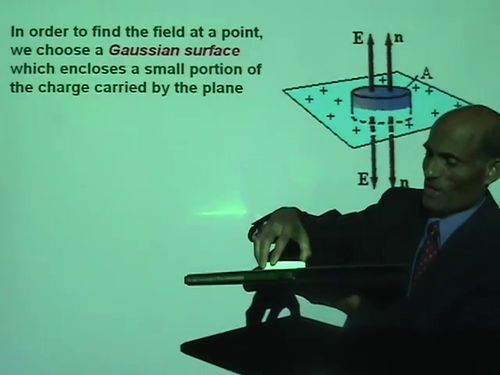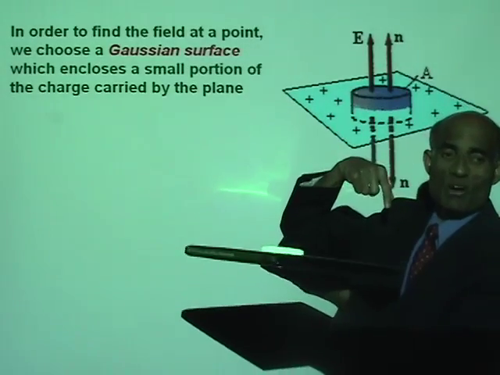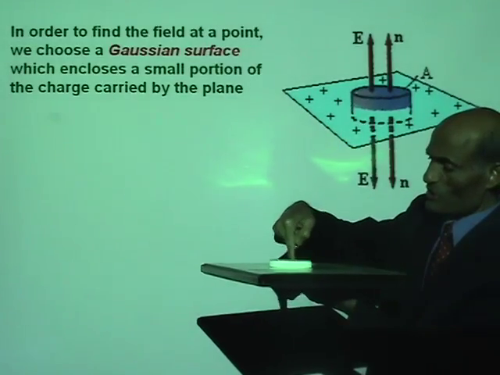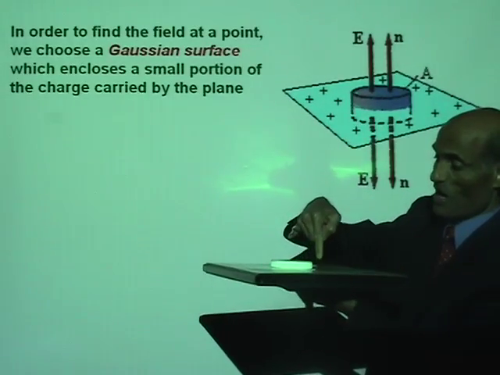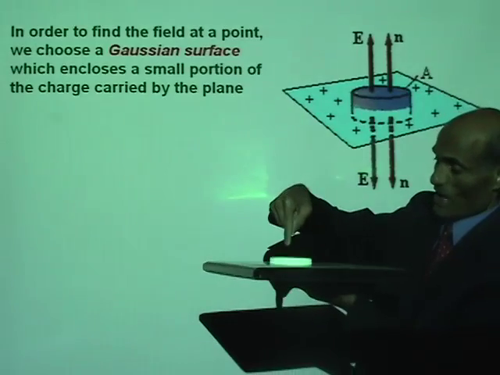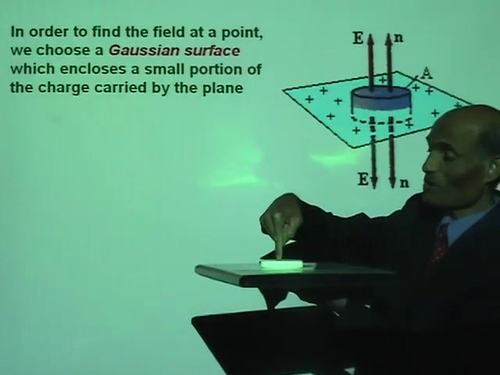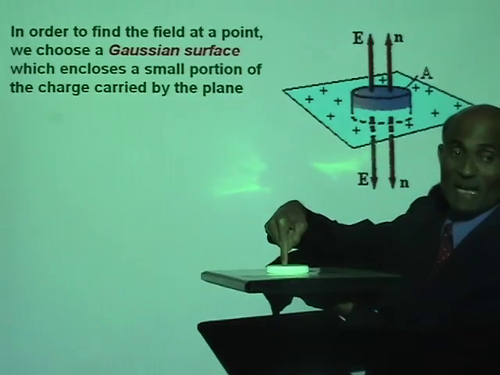Now look at this. I'm going to take a Gaussian surface which encloses a certain amount of charge of the plane surface, and also contains the point where I want to find the electric field. You see that?